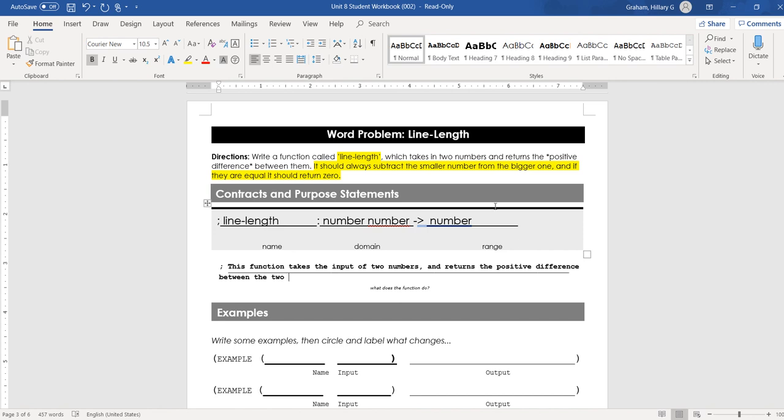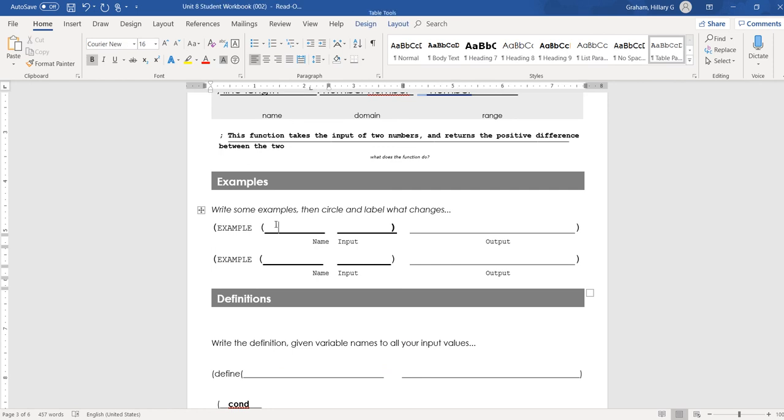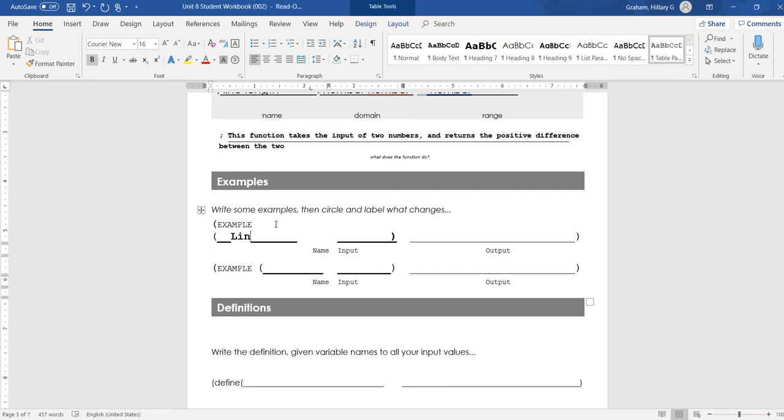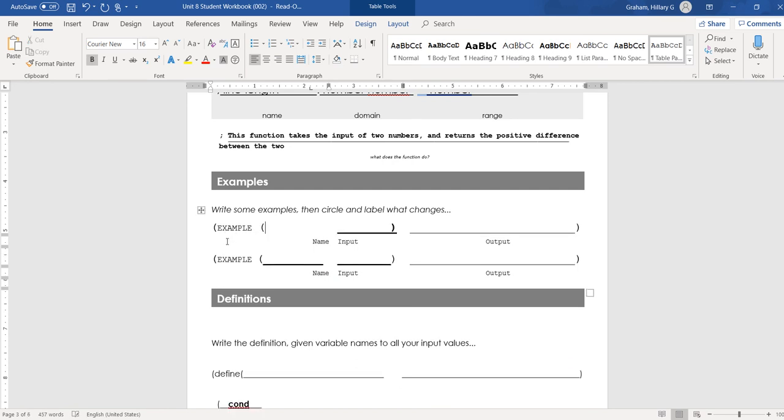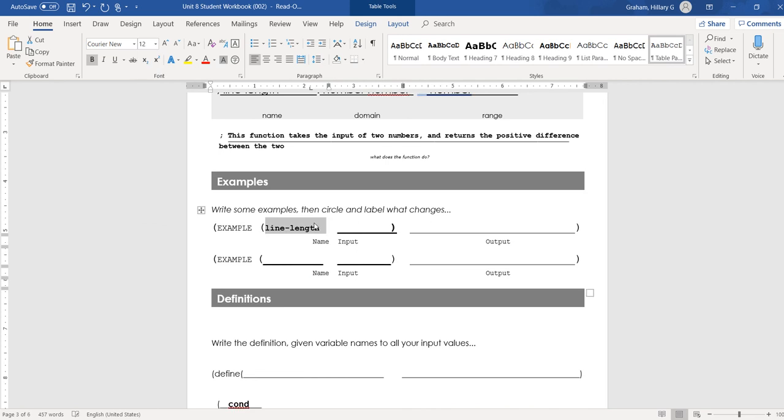All right, so just like what we had in the examples, we could say here that this is going to be line length. And I'm going to delete this line so that maybe we can just have some space here. So line length, and again I'm going to make this font smaller, bear with me here, and I'm going to delete this underline here.